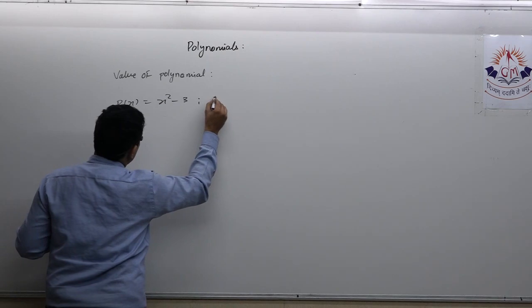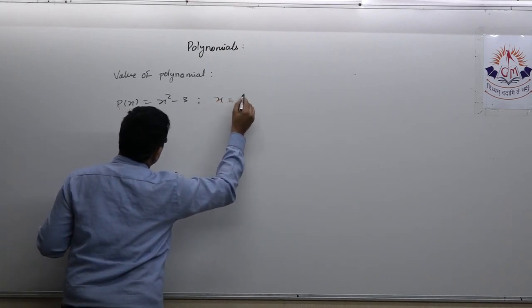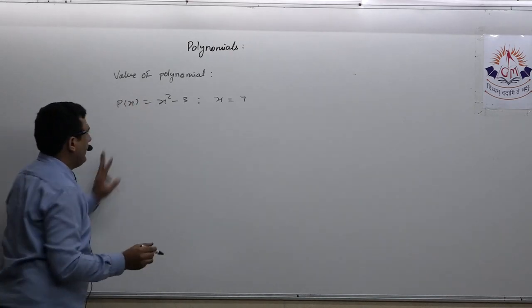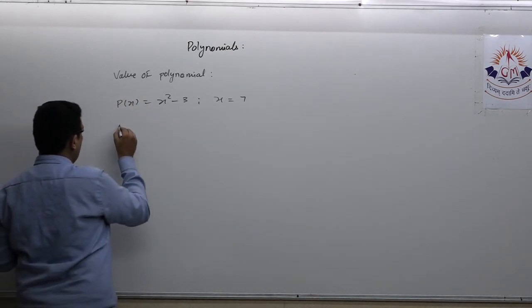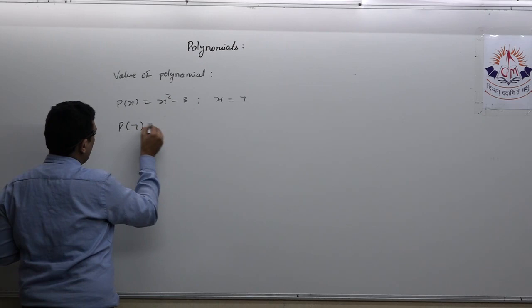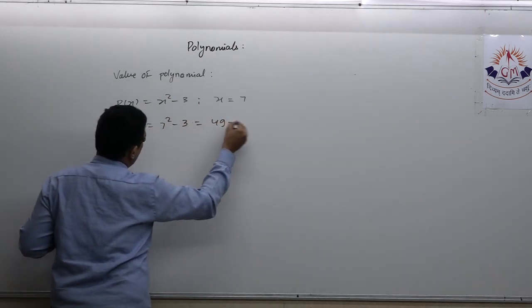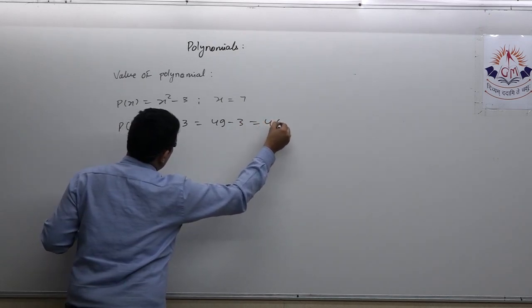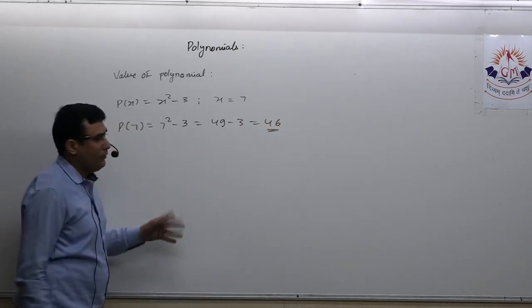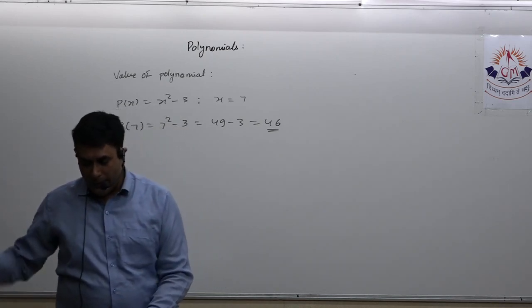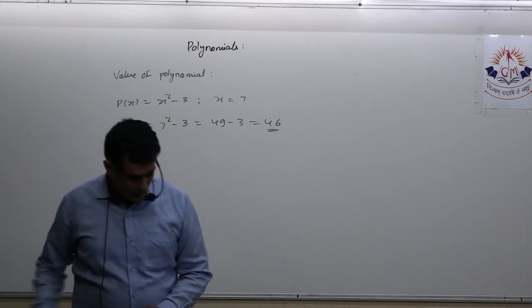We have to find the value of this polynomial at x equal to 7. So the value of polynomial P(x) at x equal to 7 is given by P of 7: 7 square minus 3, that is 49 minus 3, that is 46. That is the value of the polynomial. It's very easy to find the value of a polynomial at a given value of the variable.